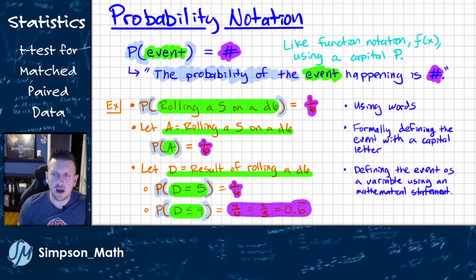We can also formally define the events with a capital letter, and when we do probability notations, it's typically with a capital letter. So I can let capital A represent rolling a 5 on a d6, so that very specific event. And then instead of having to write all those words, I could just write P of A. Why might that be helpful? Because maybe I'm going to be doing some problems where event A is rolling a 5 on a d6, and maybe event B is spinning red on some sort of spinner.